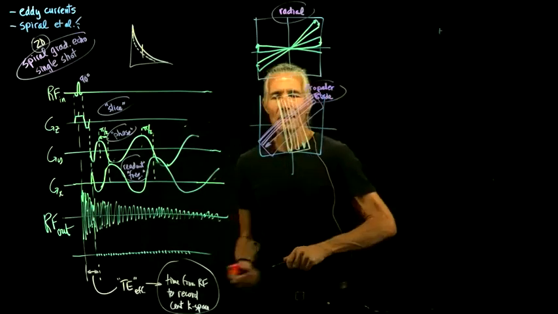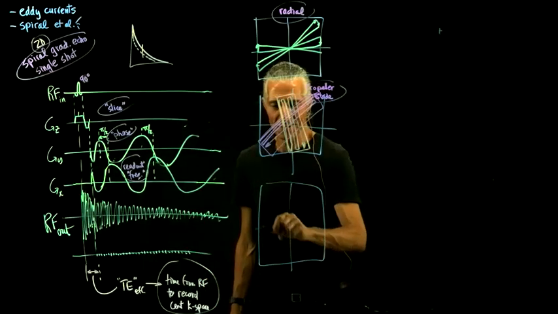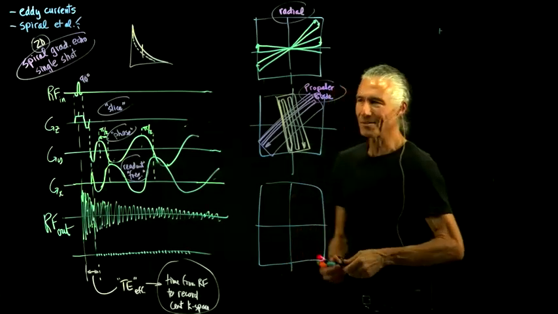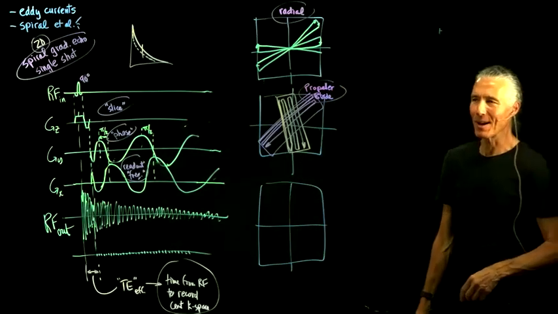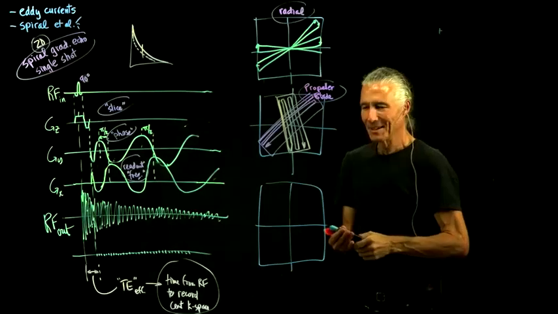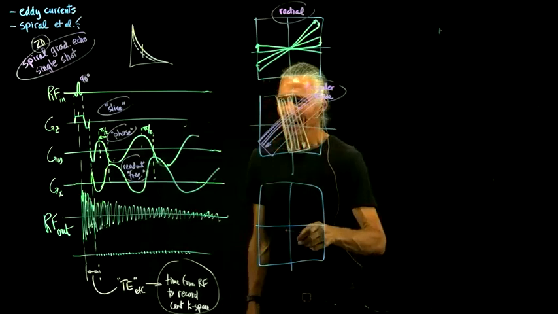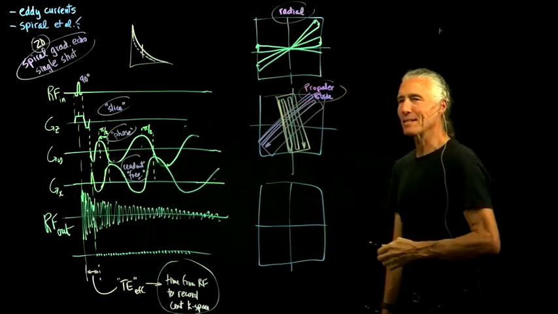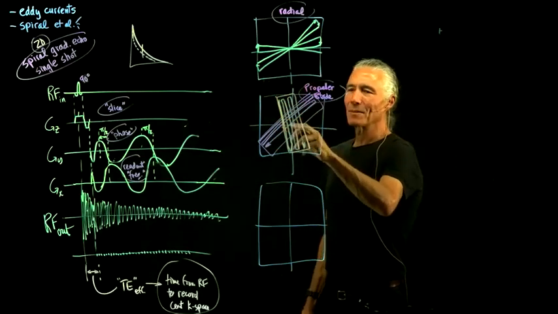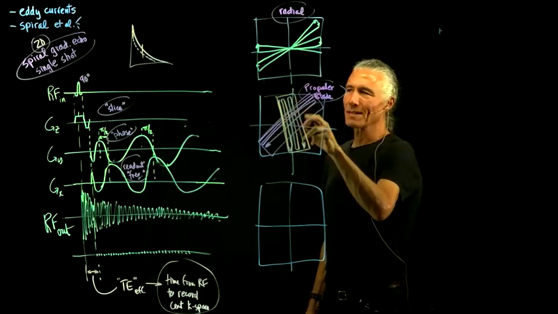What about another one? There was this old child toy when I was growing up in the 60s called Spirograph. It's a bunch of gears with a little pen, and you could make all these different atom-like pictures. So what about just turning both gradients on? What's the fastest way to get through K-space? Spiral is kind of hard because you've got these sharp edges at the middle, and then you're going too fast around the edge.